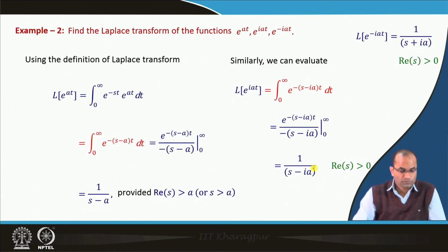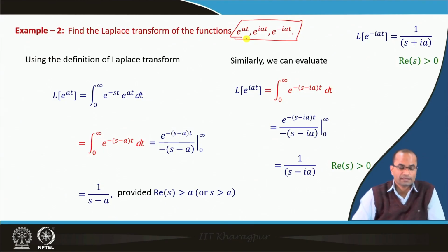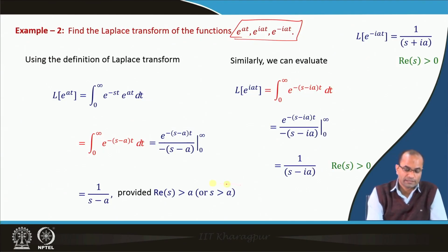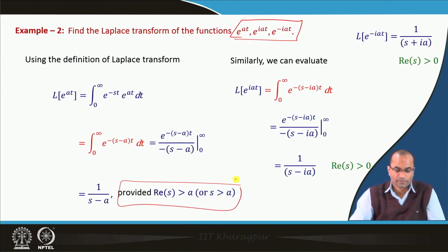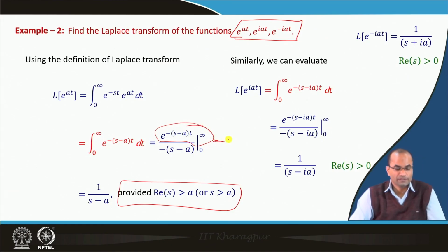So, that was another elementary function, the exponential function, which we can handle easily, and we can get the range of s as well by noting what happens when t approaches infinity.